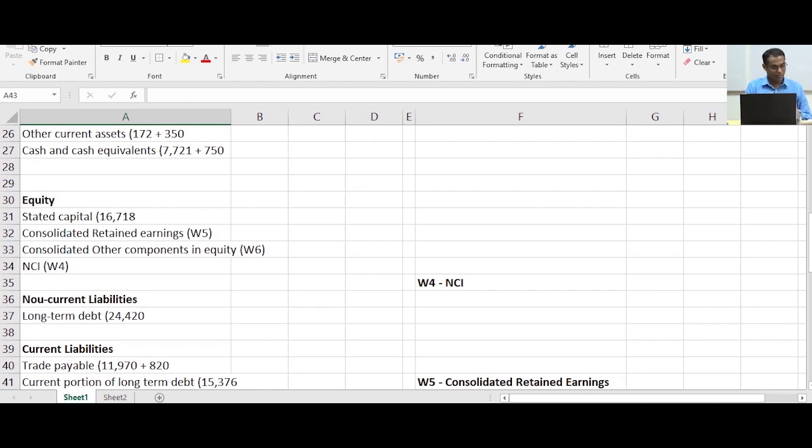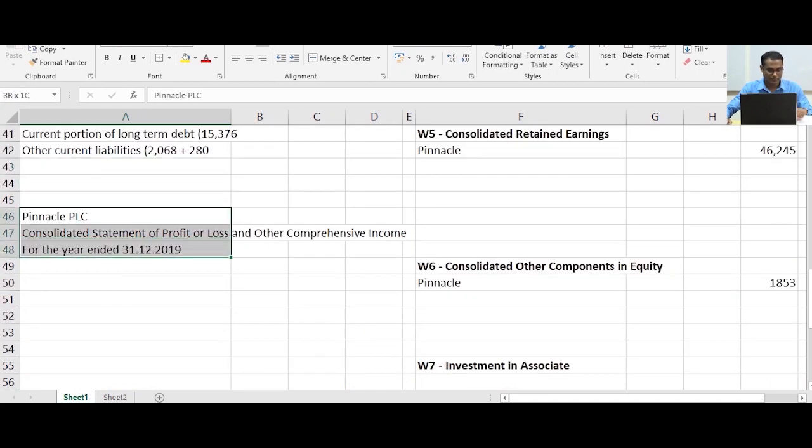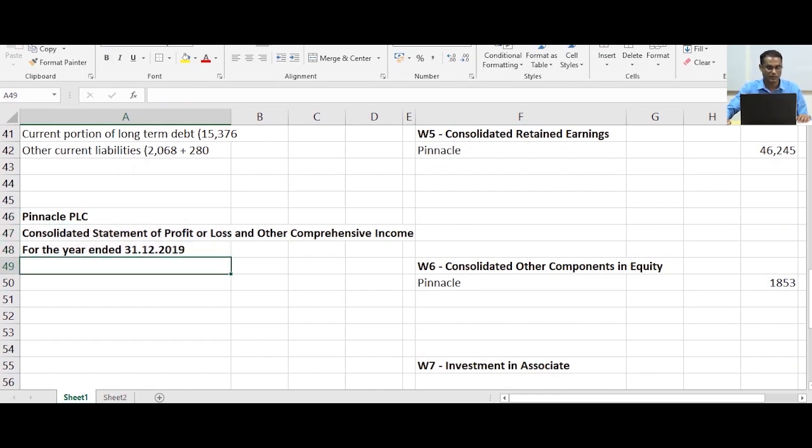If you look at the parent's figures in the income statement, even though numbers for 3 years are given, for the consolidation purpose what is important for us is the numbers for the year ended 31st December 2019, right? So this is Pinnacle PLC, consolidated statement of profit or loss and other comprehensive income for the year ended 31st December 2019. I am taking from sales here.